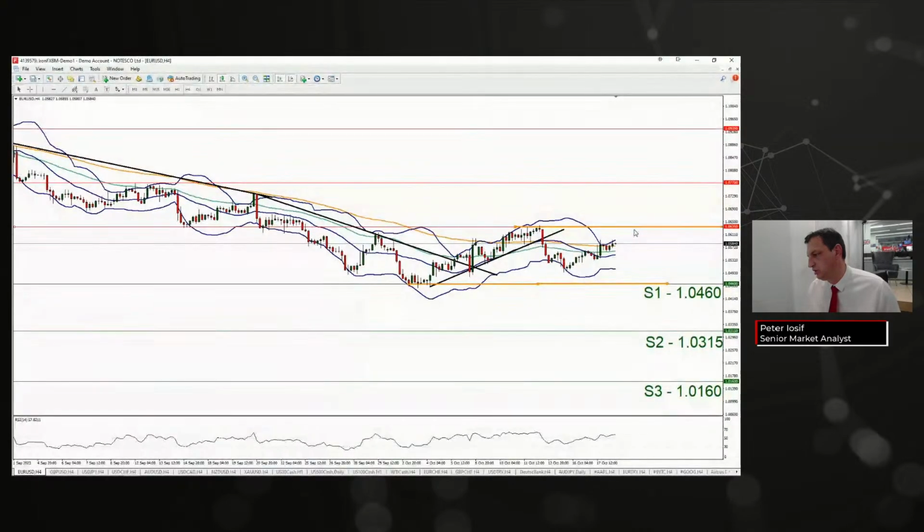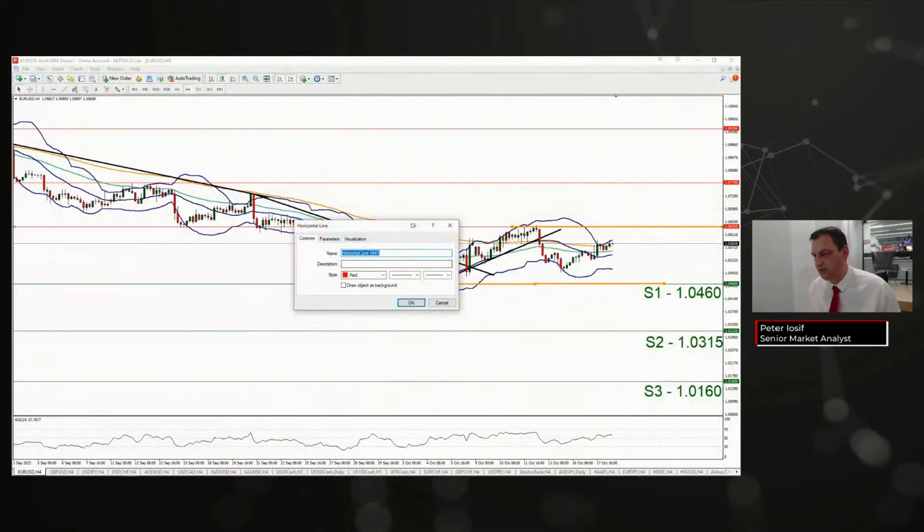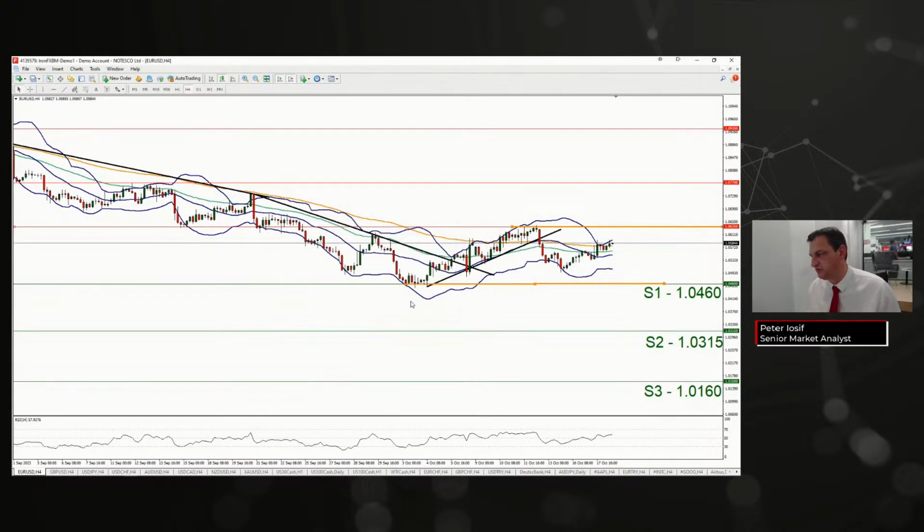Let's have a look what exactly the levels are here. We're talking about the 1.0635. We have mentioned that.